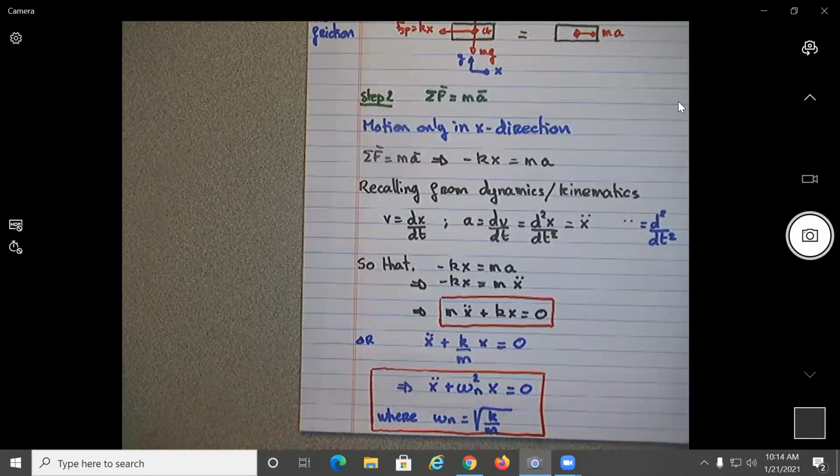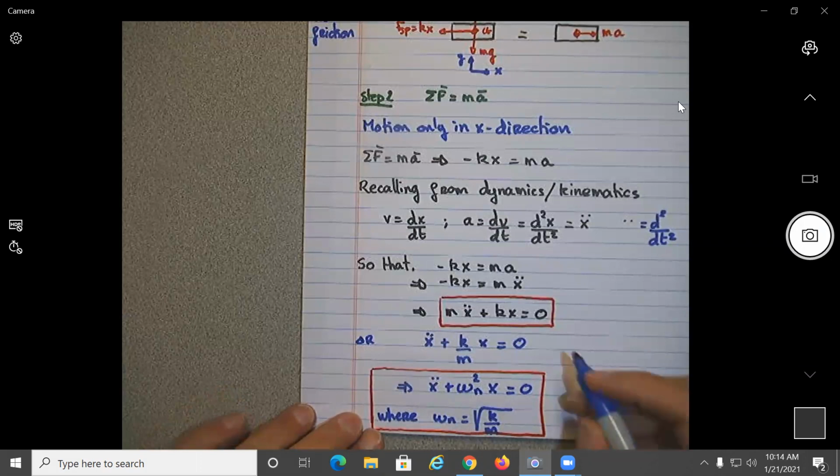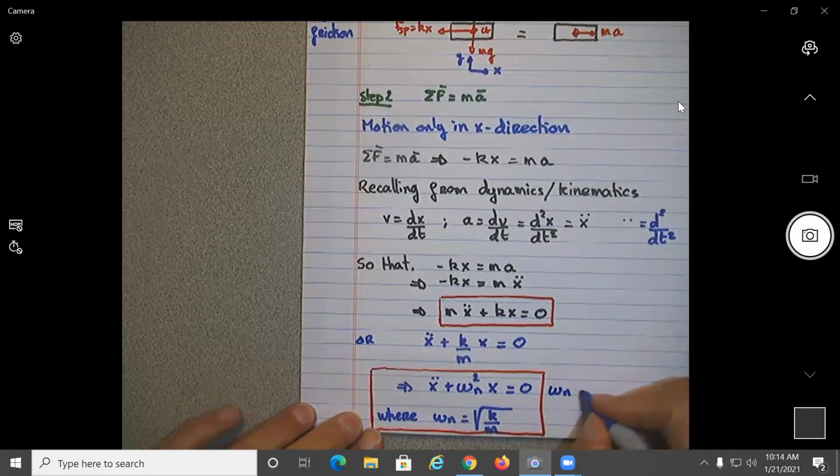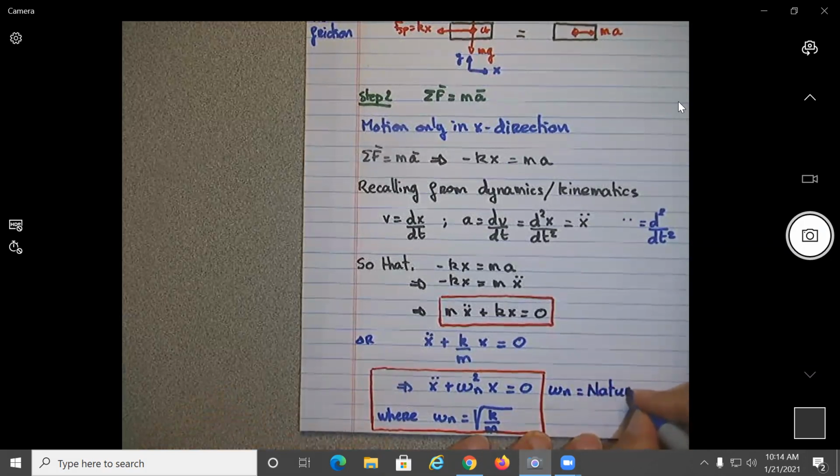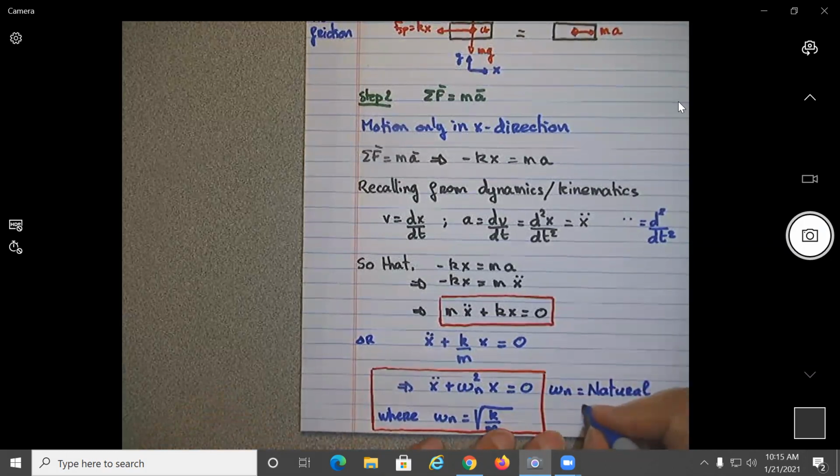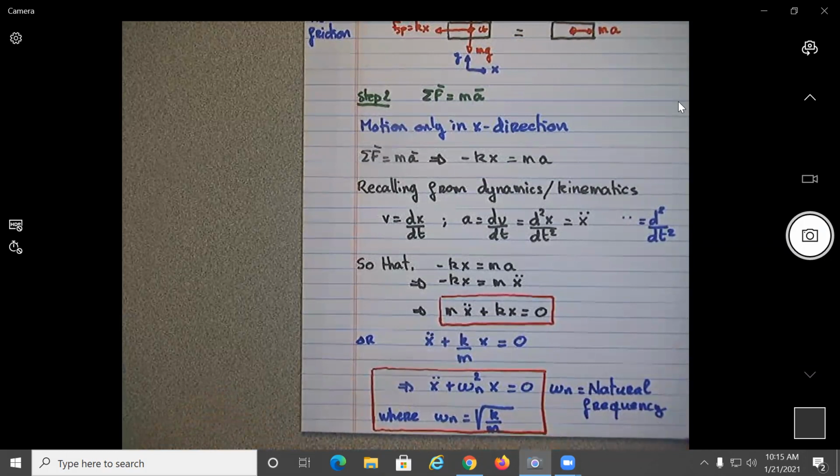All right, so in this equation here, what's important to realize is what is omega sub n? The little sub n stands for natural, and the omega is generally the notation used to specify the frequency. So it's the natural frequency.